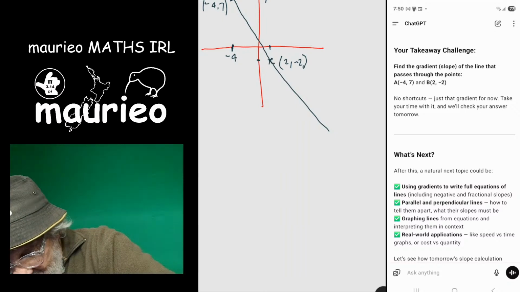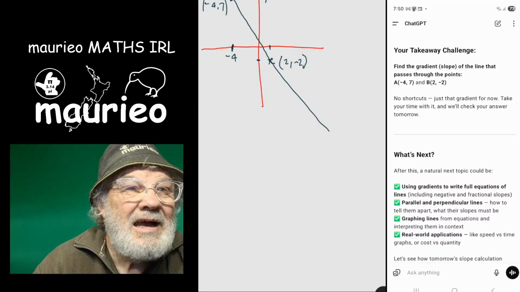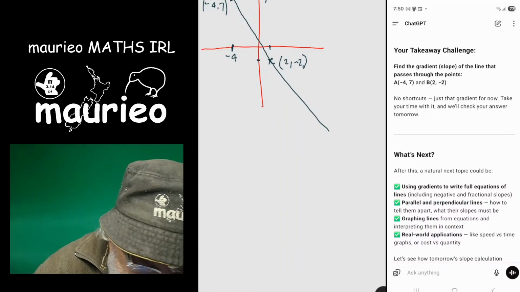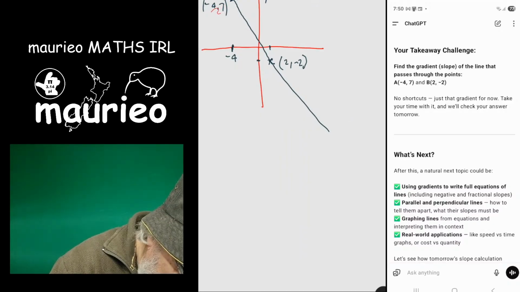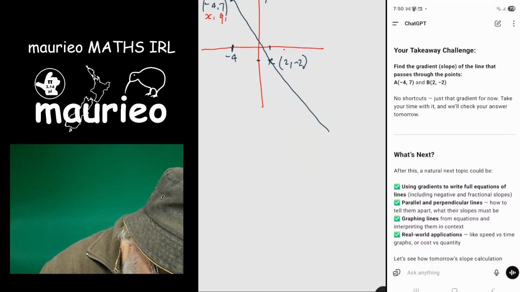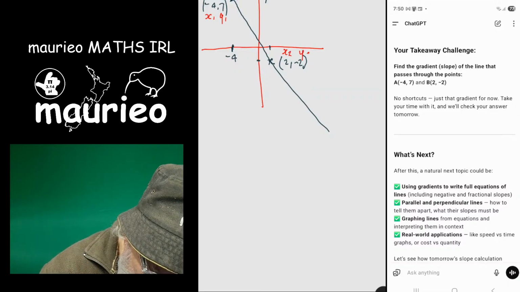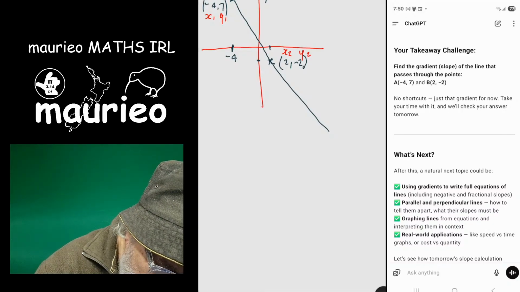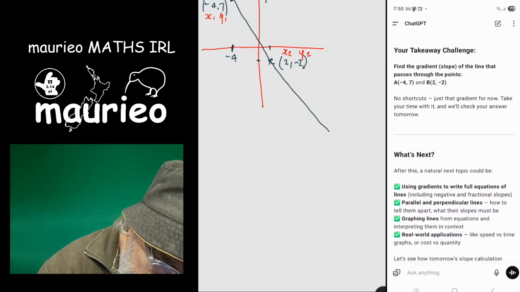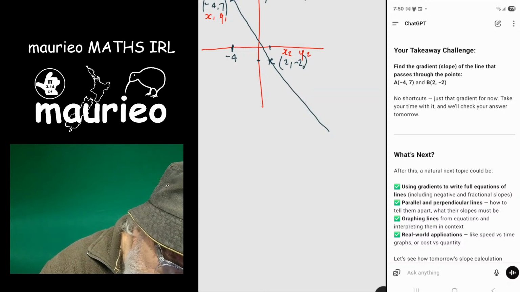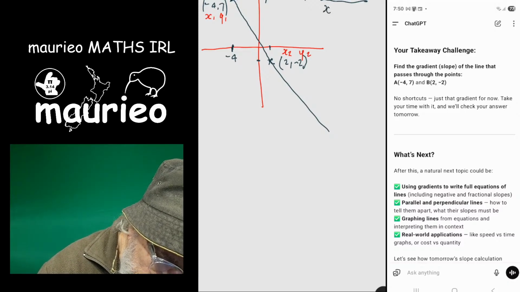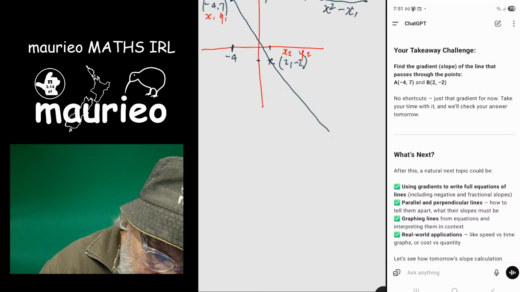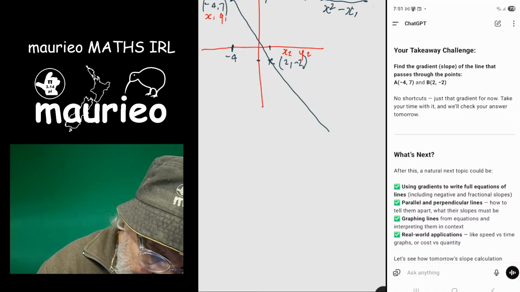All right, so let's first up look at the gradient. I'll go to red, and I'm going to call this one x1, y1, x2, y2. So then if we look at our formula, we have y2 minus y1, that's the gradient, over x2 minus x1, that's the rise over the run.